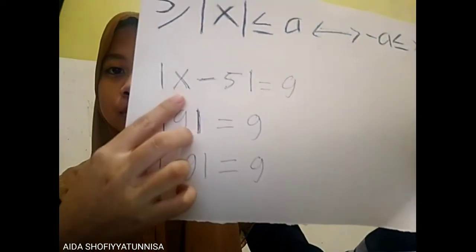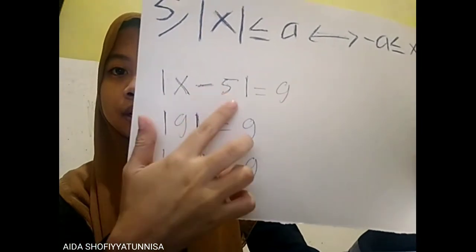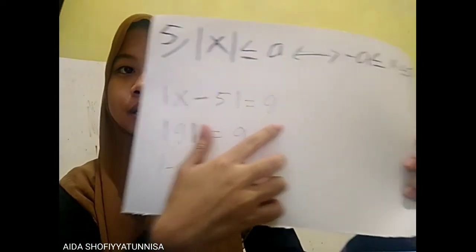Absolute value equations are equations where the variable is within an absolute value operator, like absolute x minus 5 is 9.